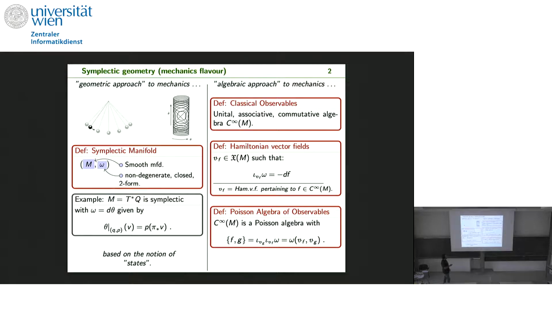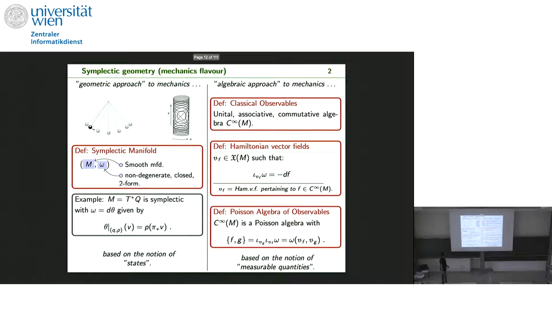And remember that a smooth function can be interpreted as classical observables or measurable quantities. So out of this data, you can construct the Poisson algebra of observables. So you add over this associative algebra another Lie bracket that is called the Poisson bracket. This is simply constructed by plugging in Hamiltonian vector fields into the symplectic form.